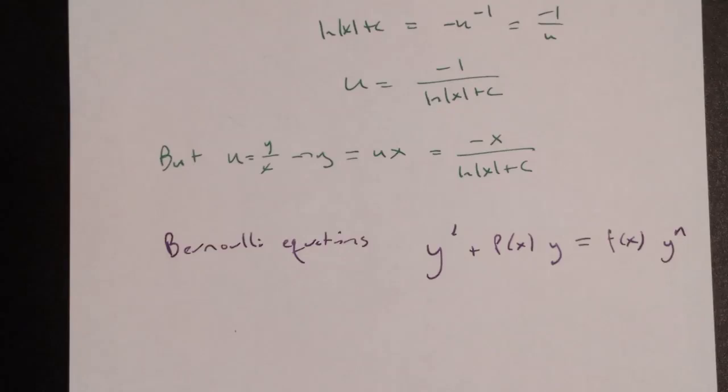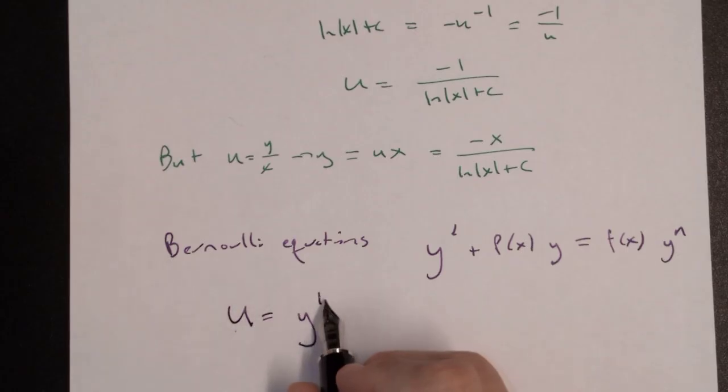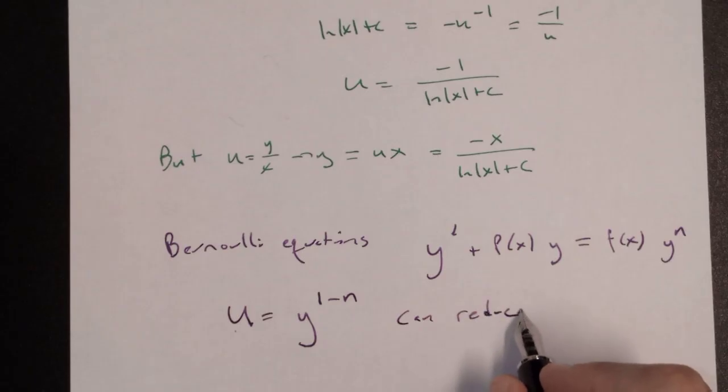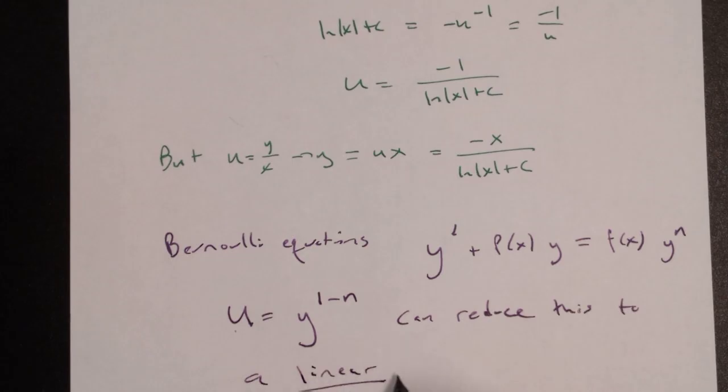So when Bernoulli generalized this idea, he said, I'm going to use a substitution. The substitution I'm going to use is u equals y to the 1 minus n. The result when I do that is actually linear.